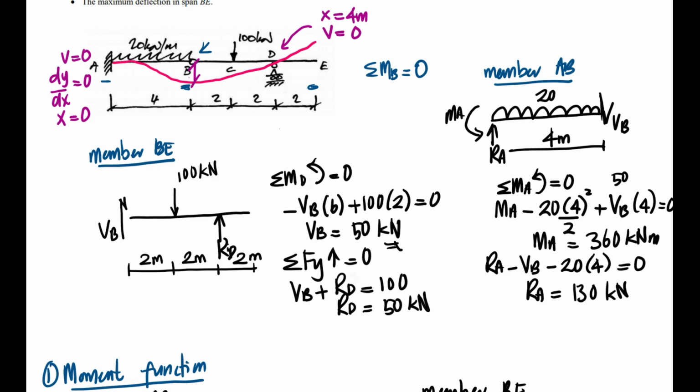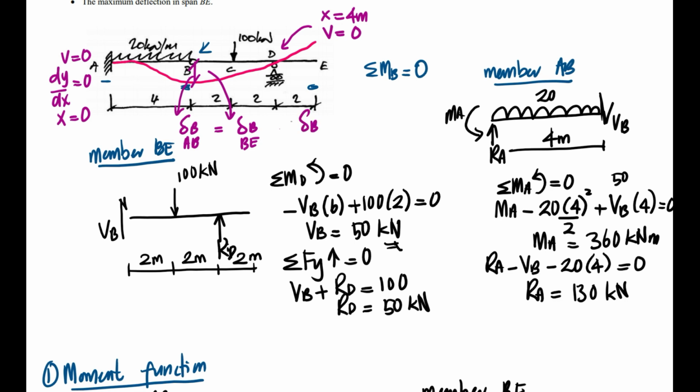So the deflection at B for member AB is equal to the deflection at B for member BE. This is called the continuity equation.